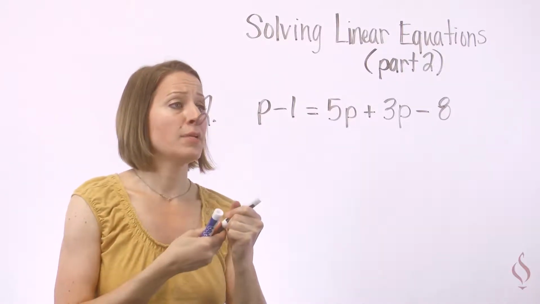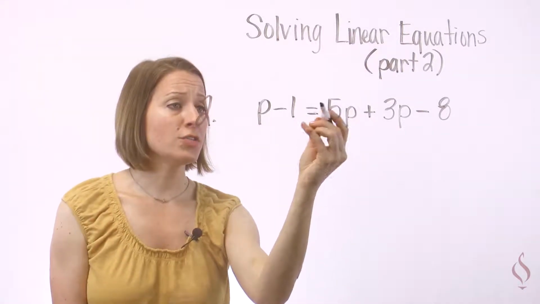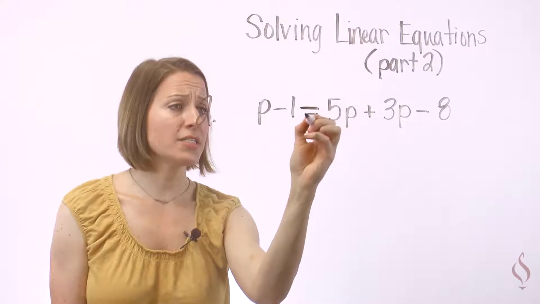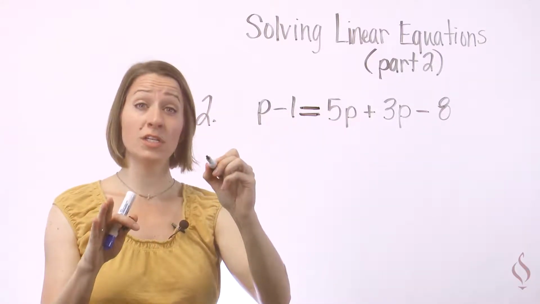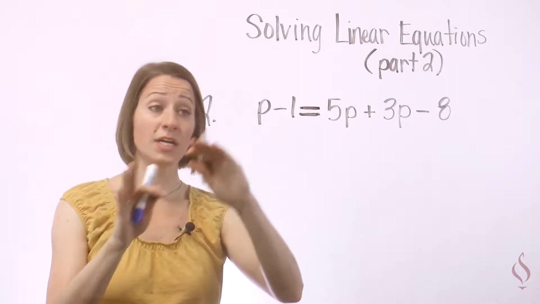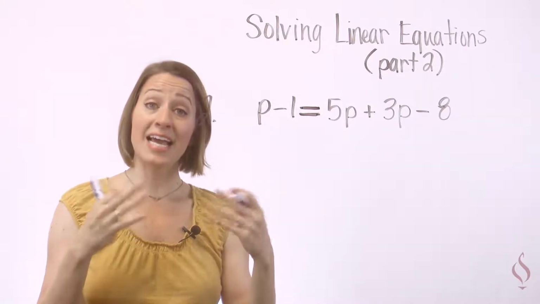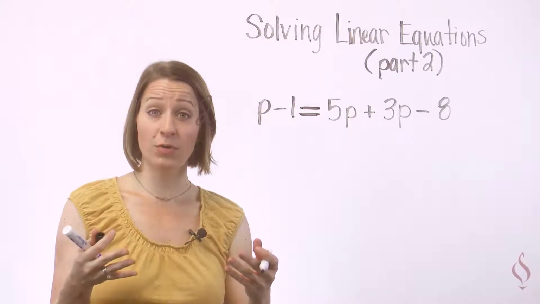It's super important also to realize where the equal sign is located, because if we have to move something to the other side of the equal sign, that's when we have to use the opposite operation.